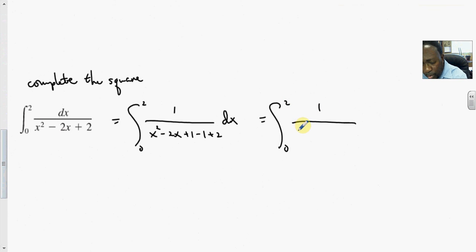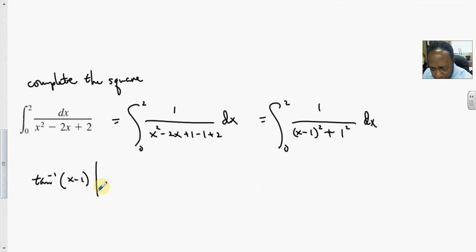This is the integral from 0 to 2. This is 1 all over. Now, these 3 terms here becomes x minus 1 to be squared. And this is plus 1 squared, right? Or just 1 dx. Just so you can see that this is actually tangent. So we get tan inverse of, this is x minus 1 divided by 1, right? Which is just x minus 1. And this is evaluated from 0 to 2.